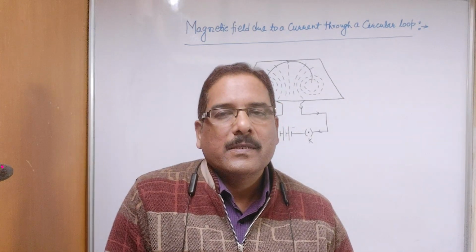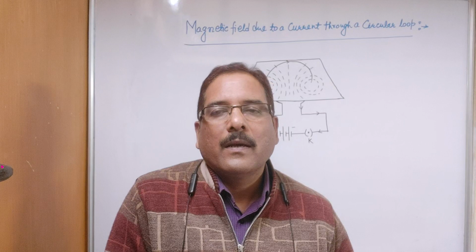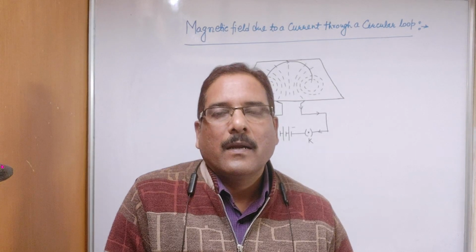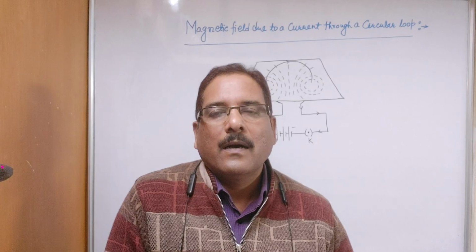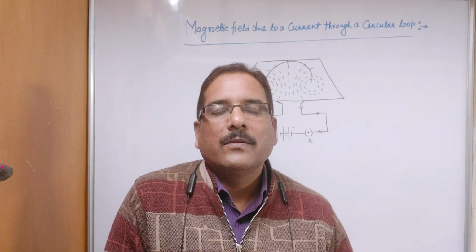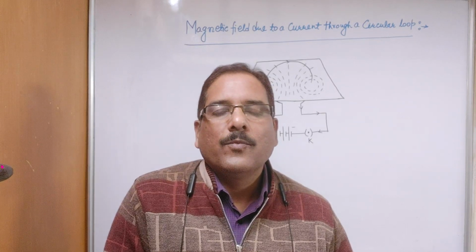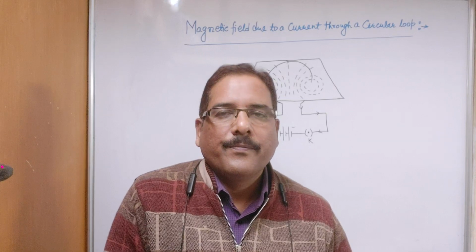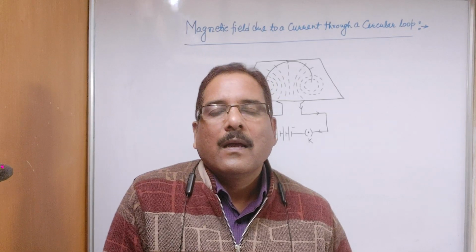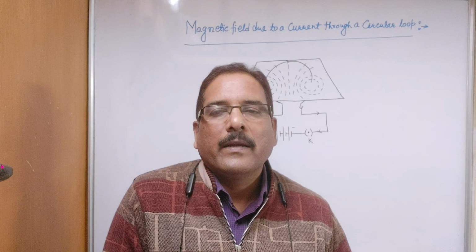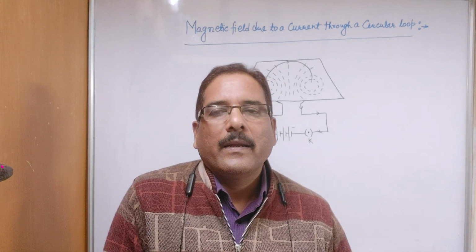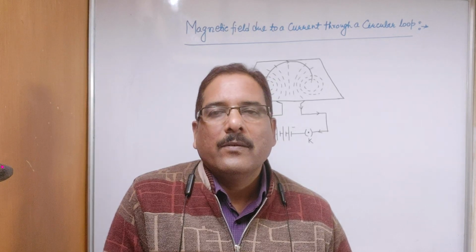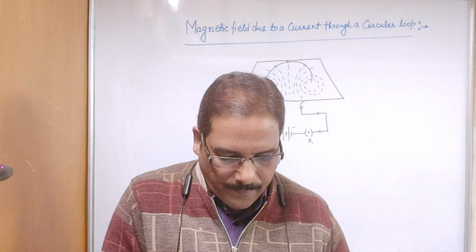So in the previous case, when we took a long straight conductor, we saw that as we increase the amount of current through the circuit, we get more concentric circles. If we decrease the current, we get fewer concentric circles. So the strength of the magnetic field directly depends on the amount of current flowing through the circuit.